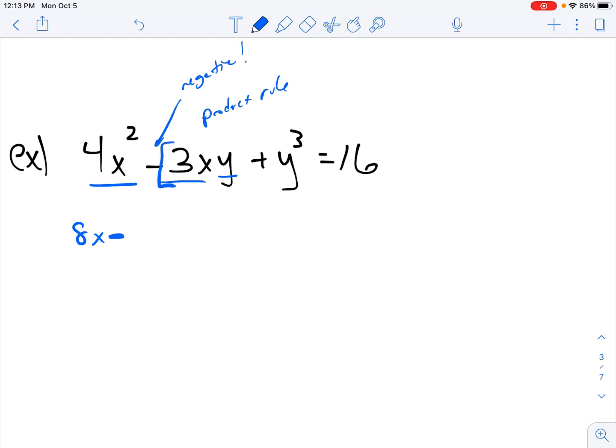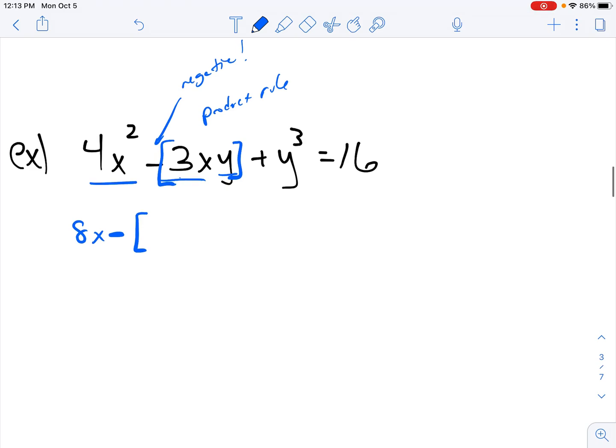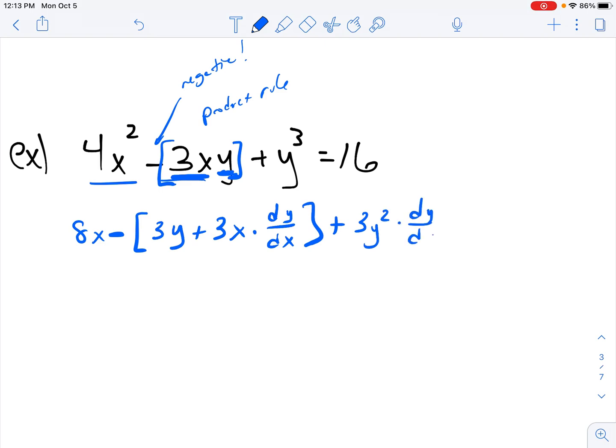I can keep the negative alone, and think of the 3xy as my product, so I'm going to do my product rule in a parenthesis or bracket. The derivative of 3x is 3 times the y, plus keep the 3x times the derivative of y, and there's our product. The derivative of y cubed is 3y squared, again times dy/dx, and the derivative of our constant is 0.